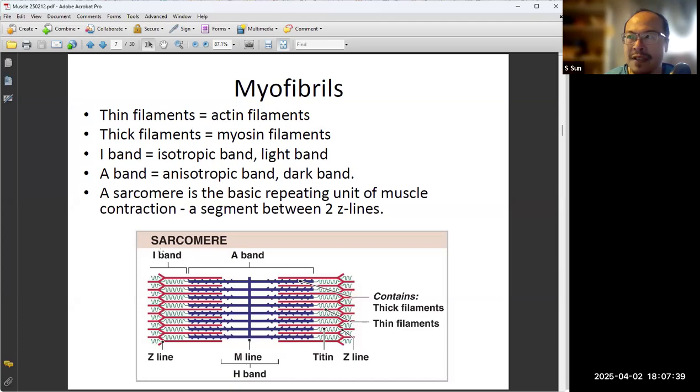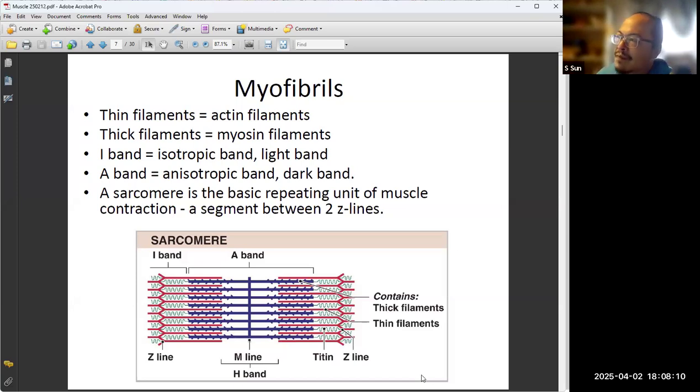The definition of one sarcomere is that the segment between two Z lines is a sarcomere. So that is one sarcomere, and that is another one, and another one. The sarcomere is a segment between two Z lines, and it has everything. Then the next sarcomere basically repeats over and over again.